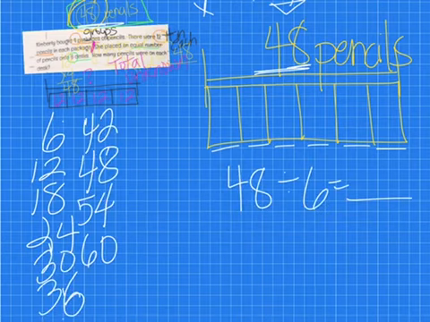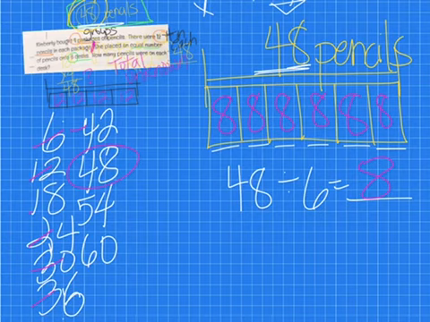Showing it by my skip counting, I would count 1, 2, 3, 4, 5, 6, 7, 8. So 48 divided by 6 is 8. So Kimberly placed 8 pencils on each of the 6 desks.